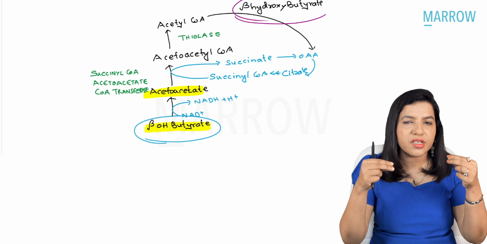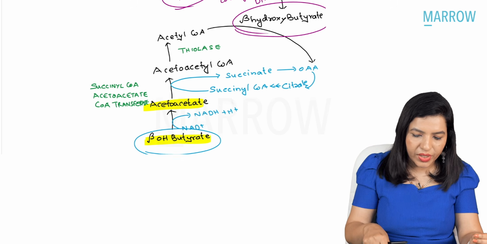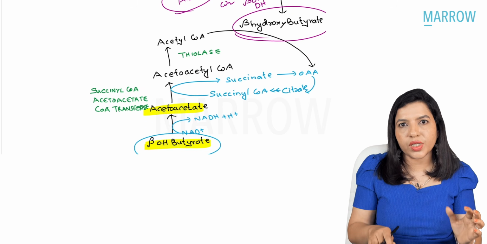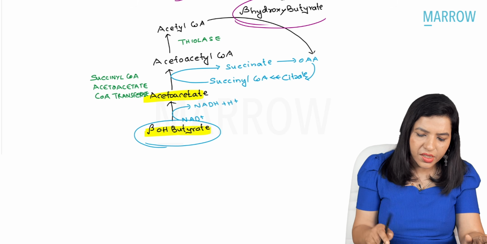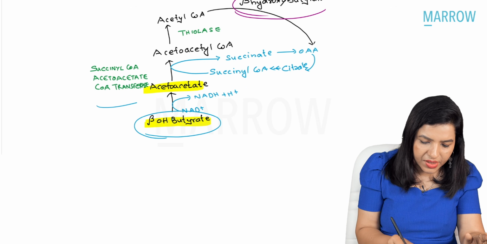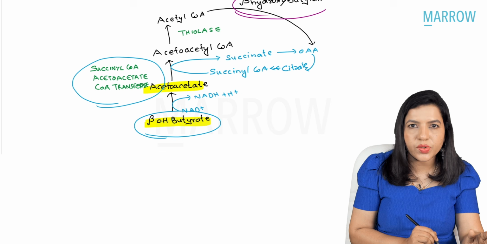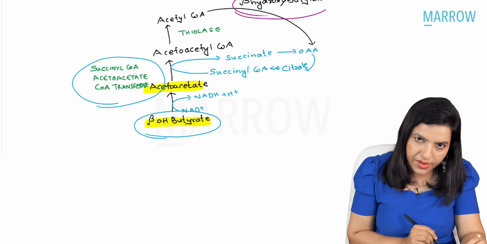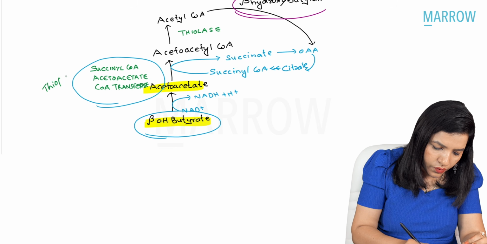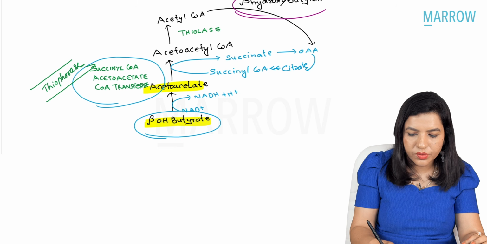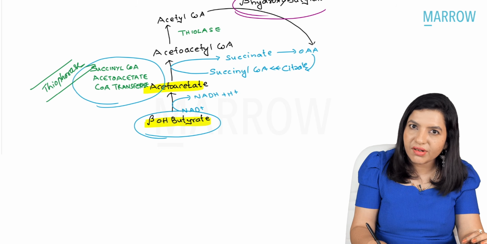For that we need a few enzymes. Acetoacetate has to be converted to acetoacetyl coenzyme. For this, we need an enzyme called succinyl coenzyme A acetoacetate coenzyme A transferase, otherwise called thiophorase. Here the coenzyme A is transferred to acetoacetate.